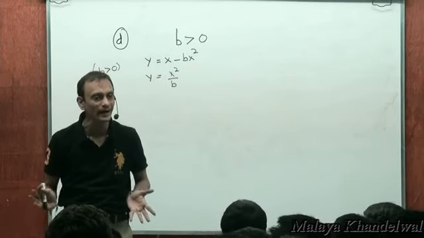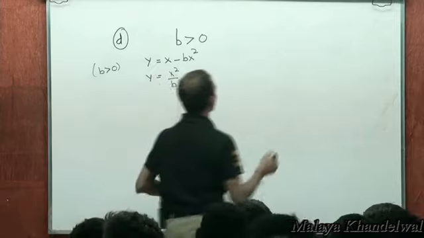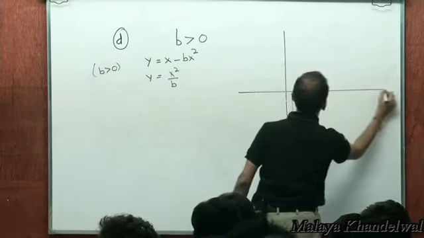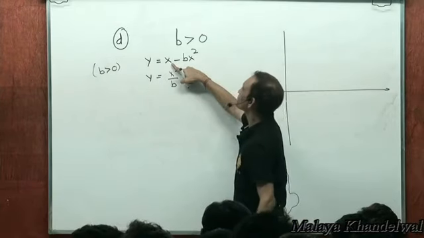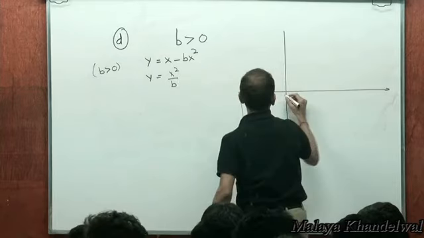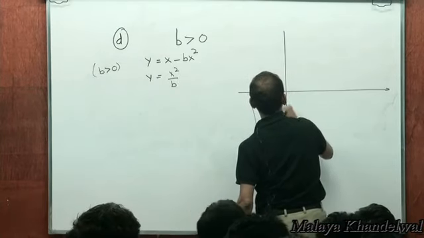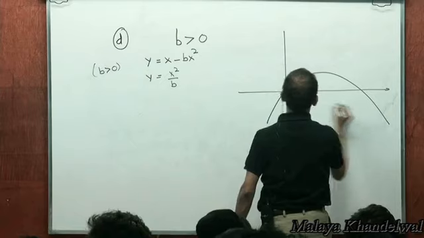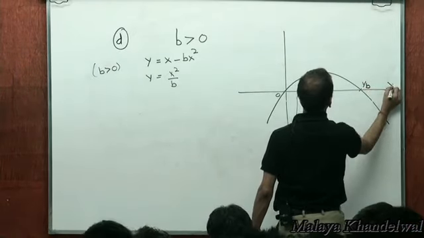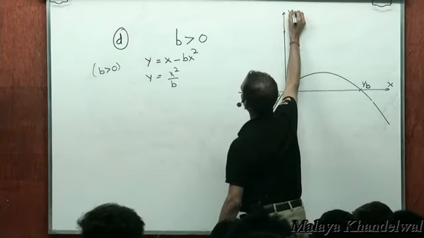So let me first draw the two parabolas, right? The first one is a downward opening parabola with roots 0 and 1 by b. This parabola has one root being 0, the other root being 1 by b. That's this parabola.